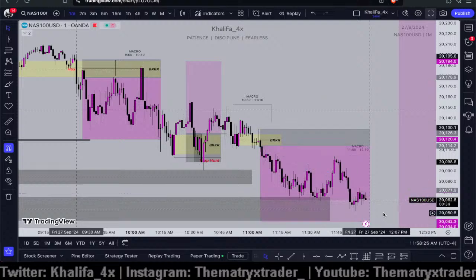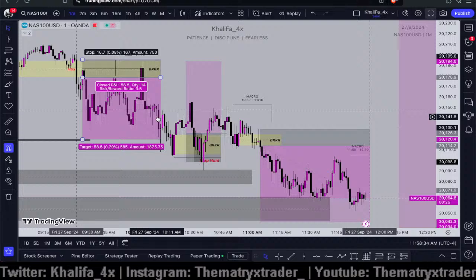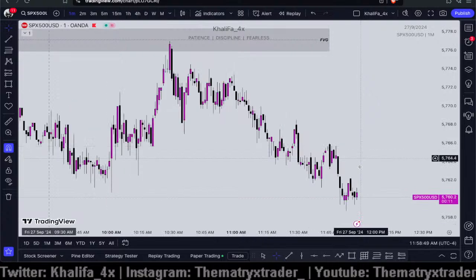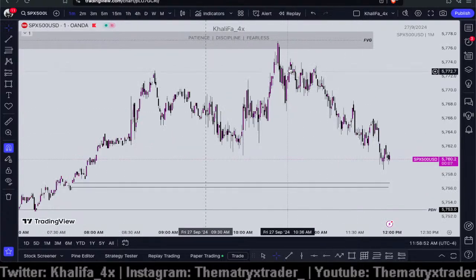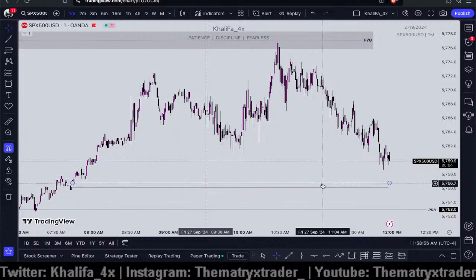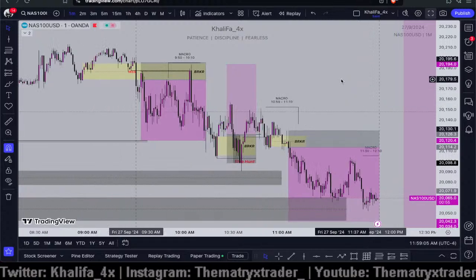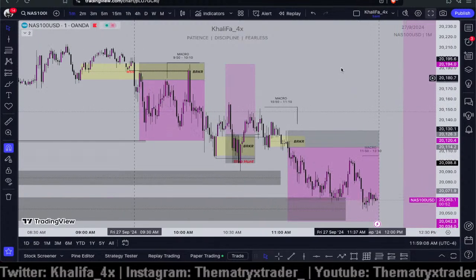Why am I still holding? Because I'm expecting SPX to come till this volume imbalance. That is the only reason.